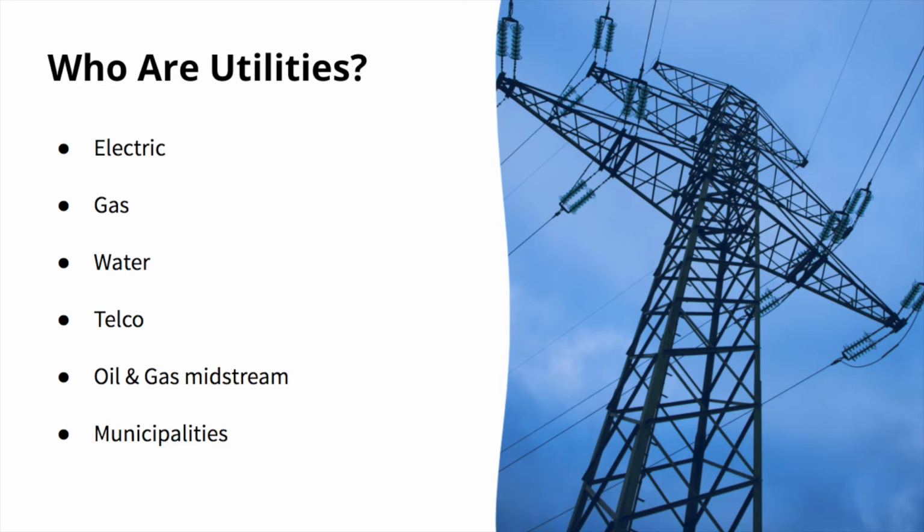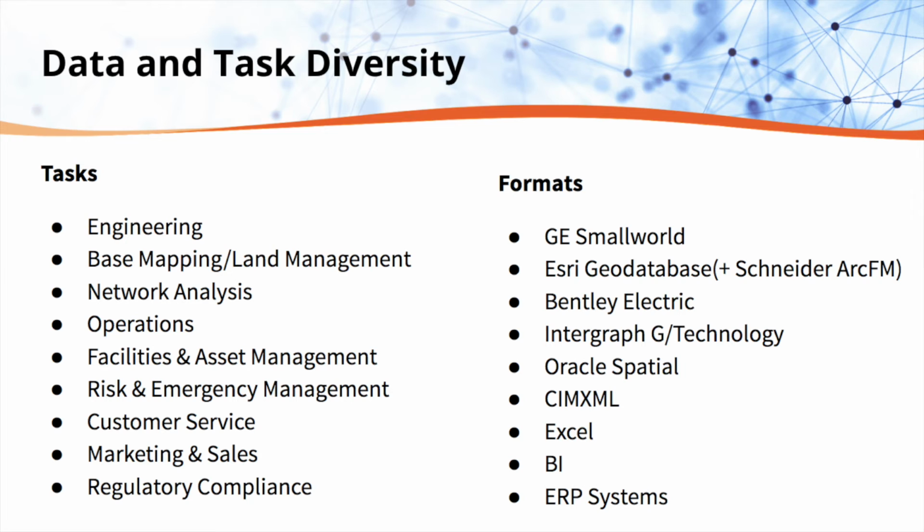So that's kind of a summary there of people in utilities. There's also diversity in tasks and formats within the diverse utilities that we work with. So this is a typical list of some of the formats that we bump into in utilities and some of the areas that people work on within that utility space.